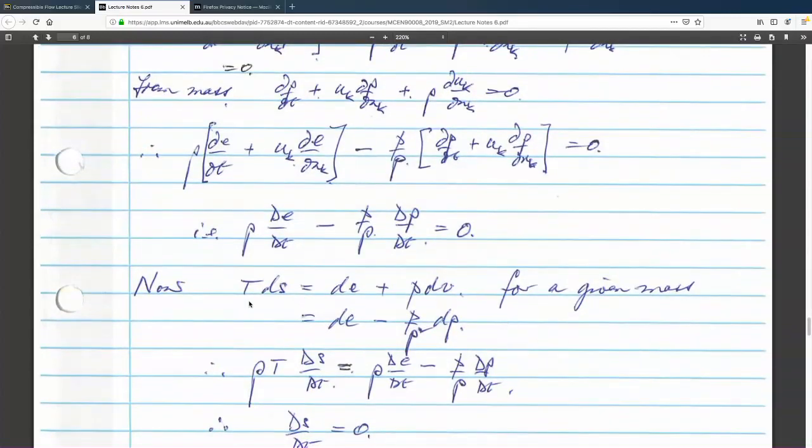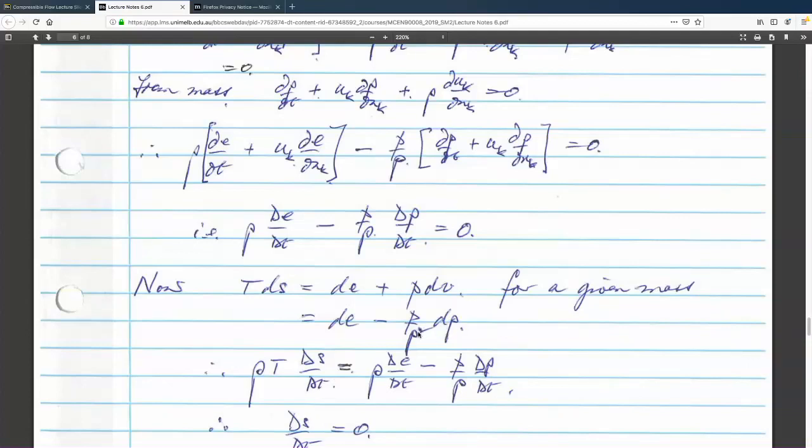The thermodynamic identity is that TdS, and these are variables of state, TdS is dE minus pdV. And dV is 1 upon rho, so this is minus 1 upon rho squared d rho. So TdS is dE minus p on rho squared d rho for a fixed particle, for a fixed mass.